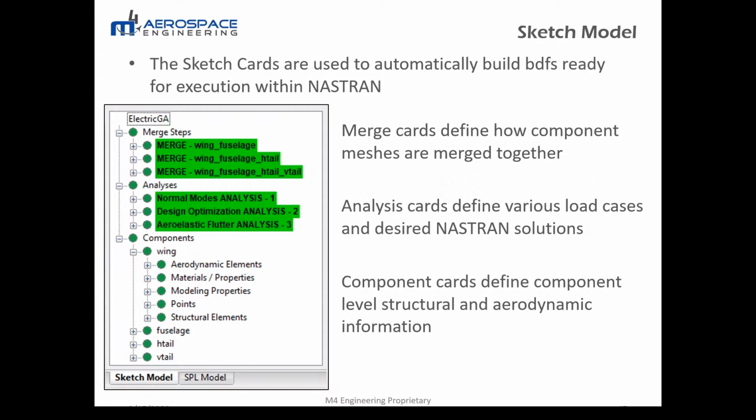And then within each component, there's various subcategories of cards. Subcategories are aerodynamic elements, materials and properties, the modeling parameters, points, which will contain sketch points, and the structural elements. Then all of these cards sum up to make the complete component level model, and then together all these component level models make the complete vehicle and sketch model.